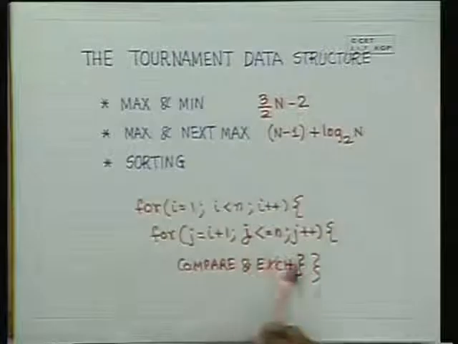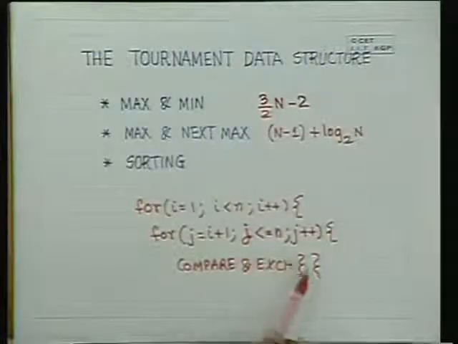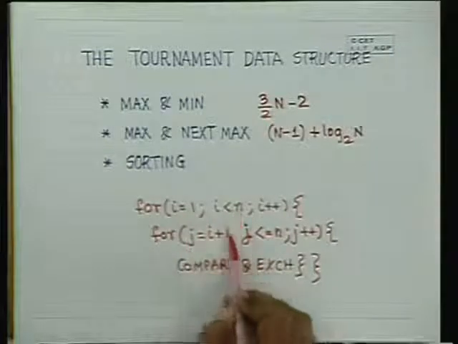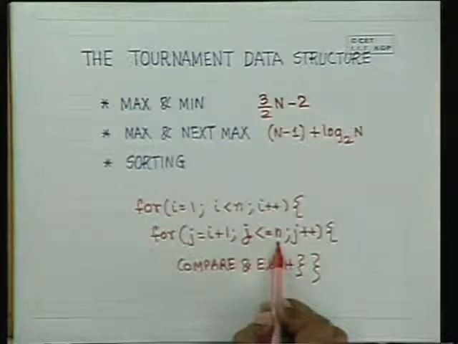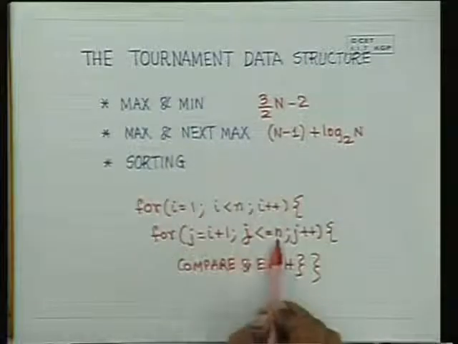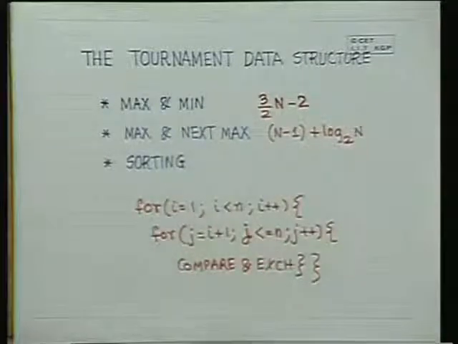And how many comparisons and exchanges do you do in this sorting routine? This loop goes from 1 to n minus 1 and this one from i plus 1 to n. So when i is 1, this does n minus 1. When i is 2, it does n minus 2.